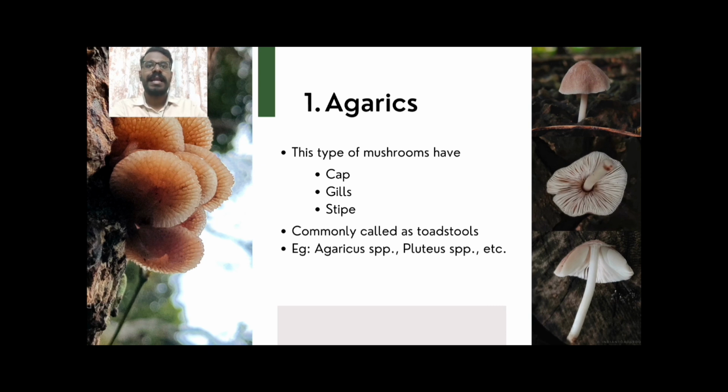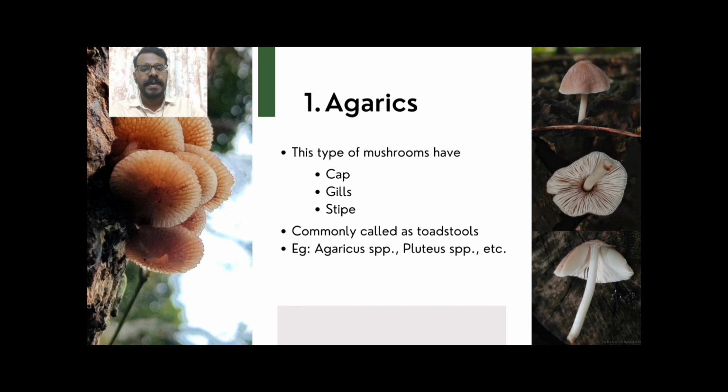First one are agarics. So what are agarics? These are mushrooms that contain 3 major structures. It possesses a cap, gills on the underside and stipe. So on the right corner you can see the overall stature, you can see the cap, you can see the stipe.